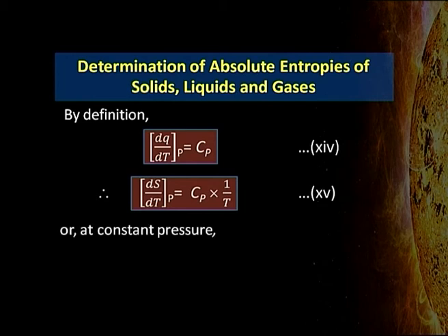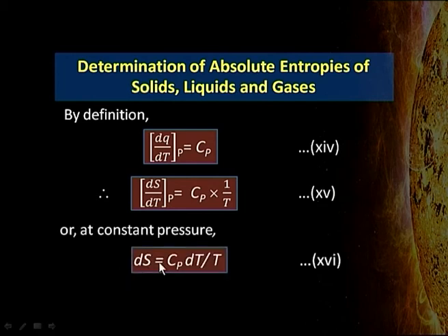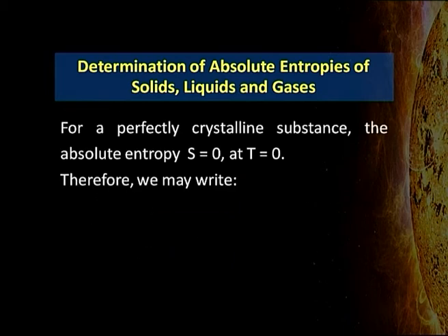Now, at constant pressure, dS is equal to Cp dT by T. This is equation number 16. For a perfectly crystalline substance, the absolute entropy S is equal to 0 at T equal to 0.